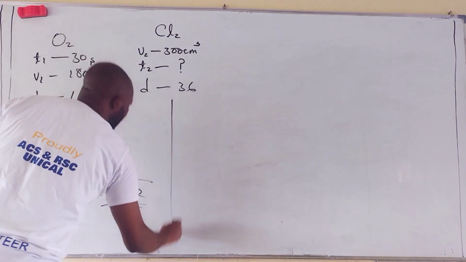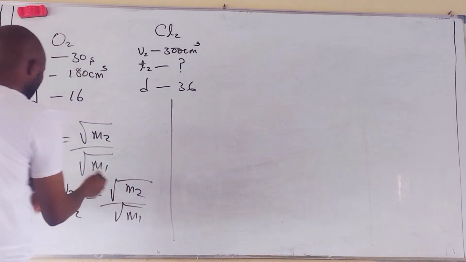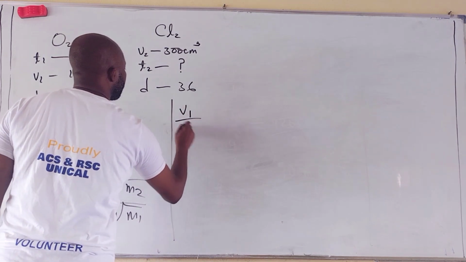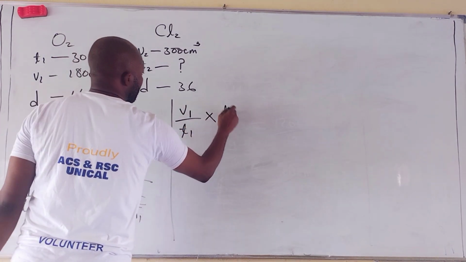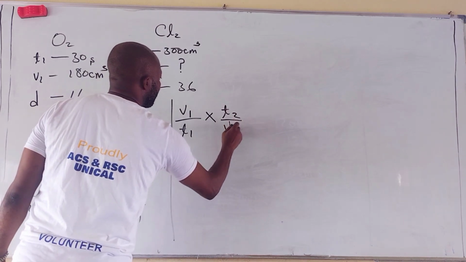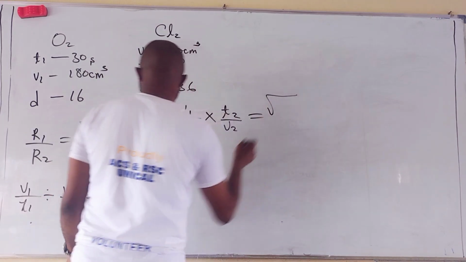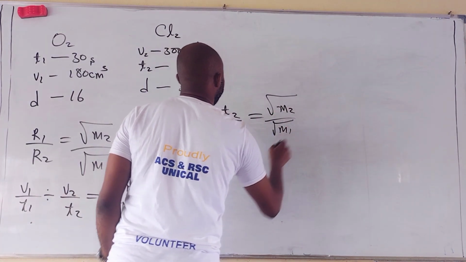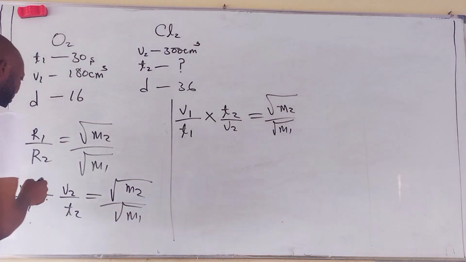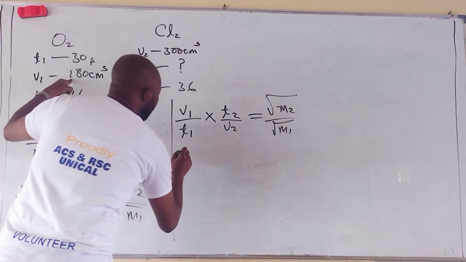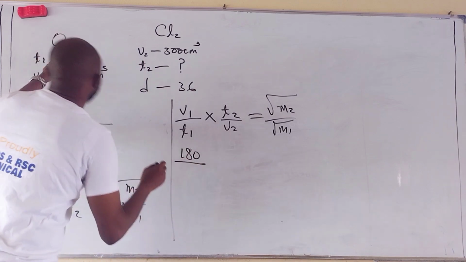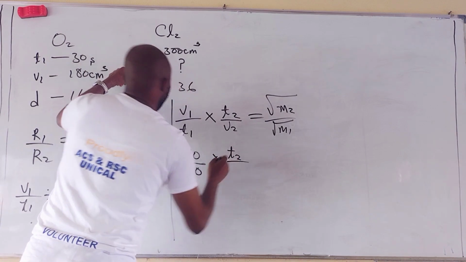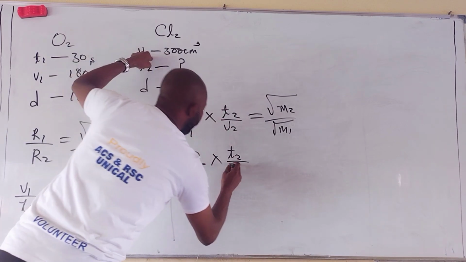If I cross over here, now both masses have to change. I have V1 over T1 times T2 over V2, equal to the root of M2 over the root of M1. Now, what's V1? V1 is 180 cm cube over T1 is 30, times T2, which we are looking for, over V2, which is 300.